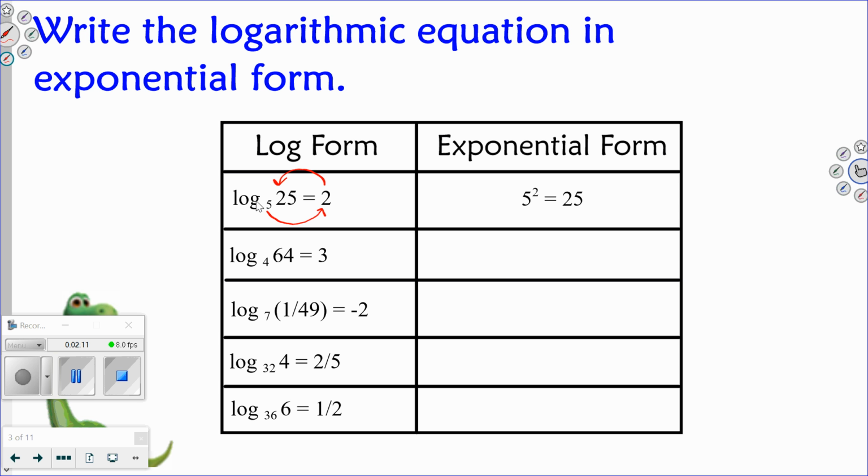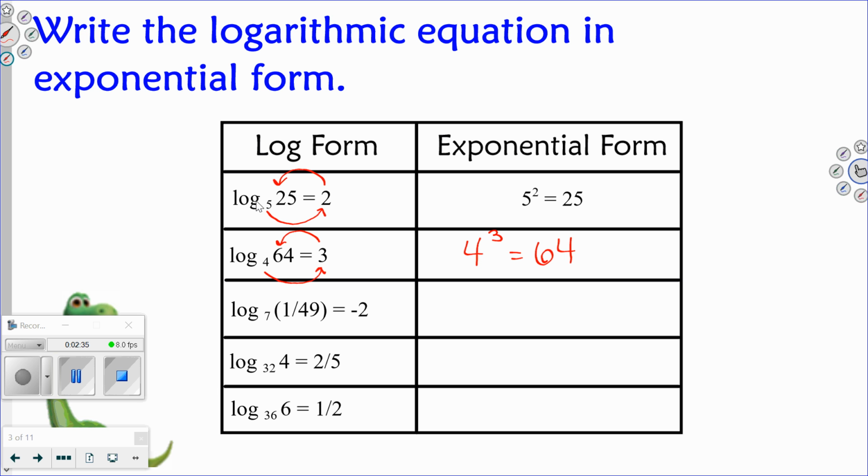So this one would be 4 to the third equals 64. 4 to the third. Is that true? Yes. Is 5 squared 25? Does that work? Yeah. So again, it's that loopy swoopy. That's how I always remember the order when I'm switching these back and forth.